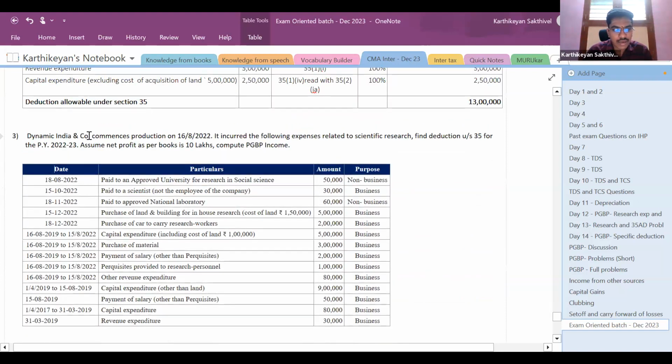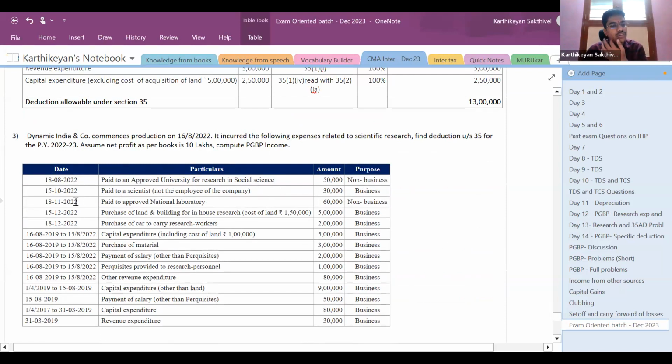Dynamic India Company commences production on 16/8/2022. It incurred the following expenses related to scientific research. Find the deduction under Section 35 for the previous year 22-23. Assume net profit as per books is 10 lakhs. Compute PGBP income. Amount paid to an approved university for research in social science, 50,000, non-business.